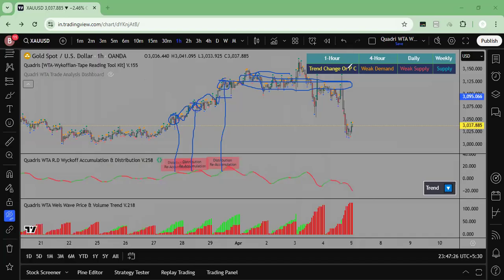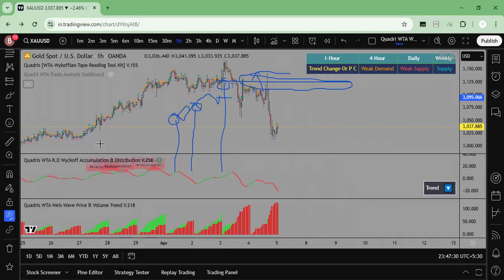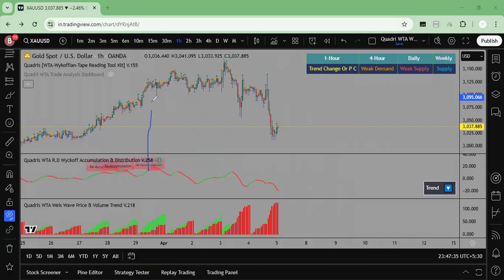One thing I would like to highlight in this particular chart: if you see the price area where we had accumulation, which was defining a distribution, which was actually a distribution or a reaccumulation kind of point, if this would have happened, then we would have seen higher price progression.